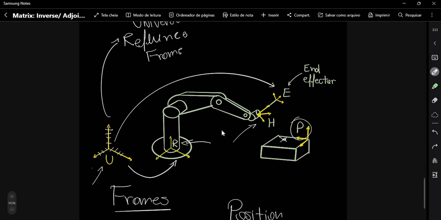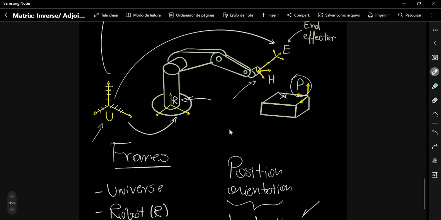But right here, what we're going to do, these frames turn into the reference for other frames.